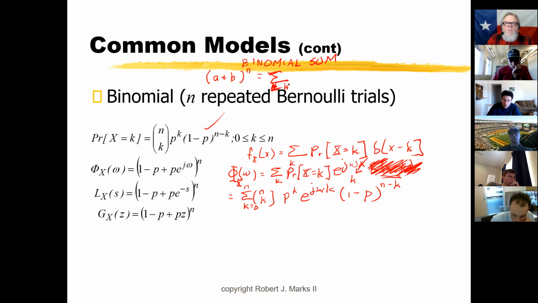The sum from k equal to 0 to n of n choose k, a to the k, b to the n minus k. This is a very useful sum called the binomial sum, and is the foundation for the so-called binomial random variable.